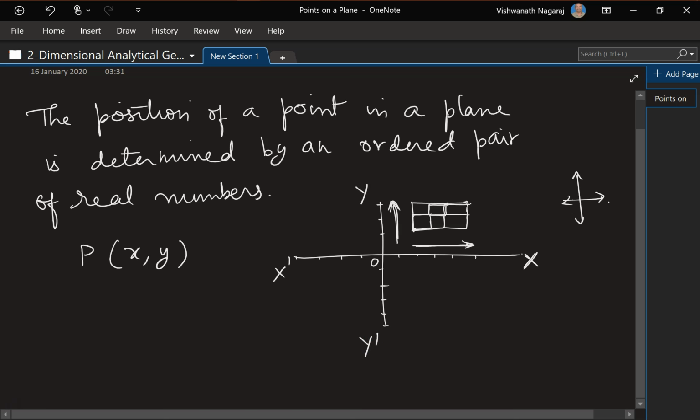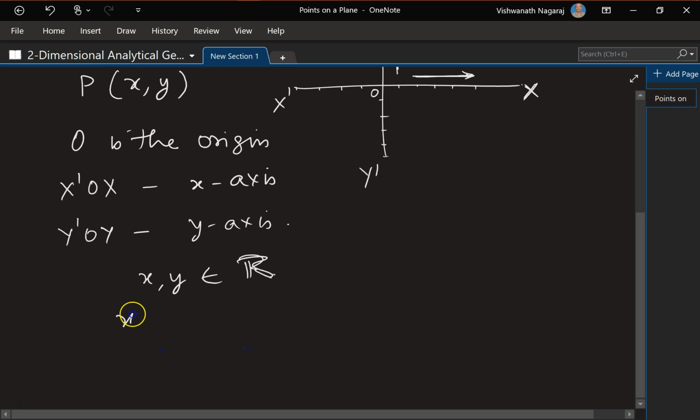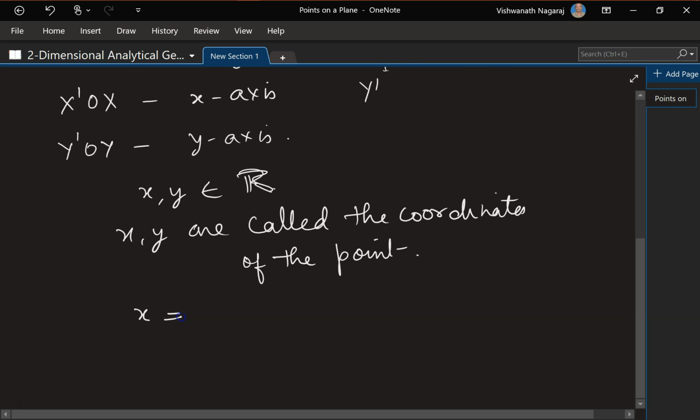So now we can say O is the origin, x prime O x is called the x-axis, y prime O y is the y-axis, and x and y belong to real numbers. x and y are called the coordinates of the point. x is called the abscissa, y is called the ordinate.